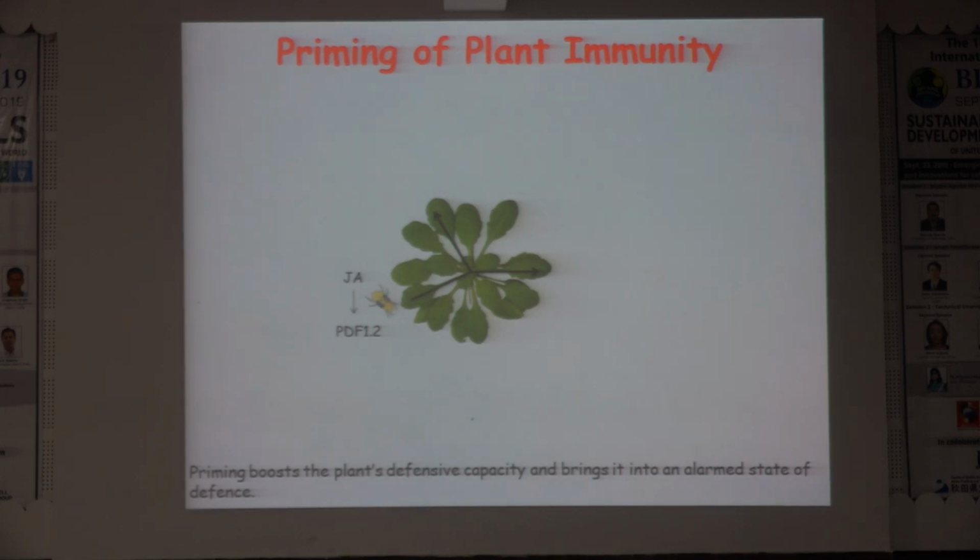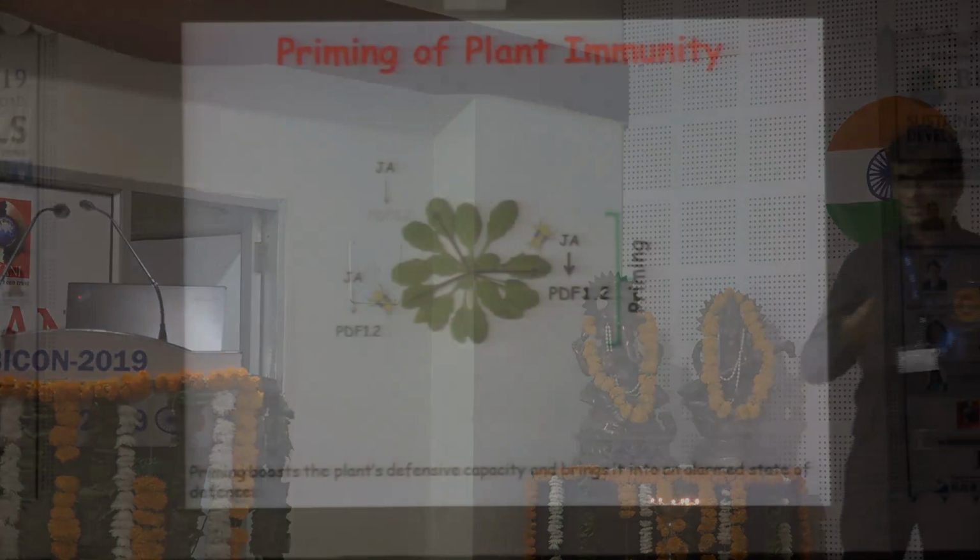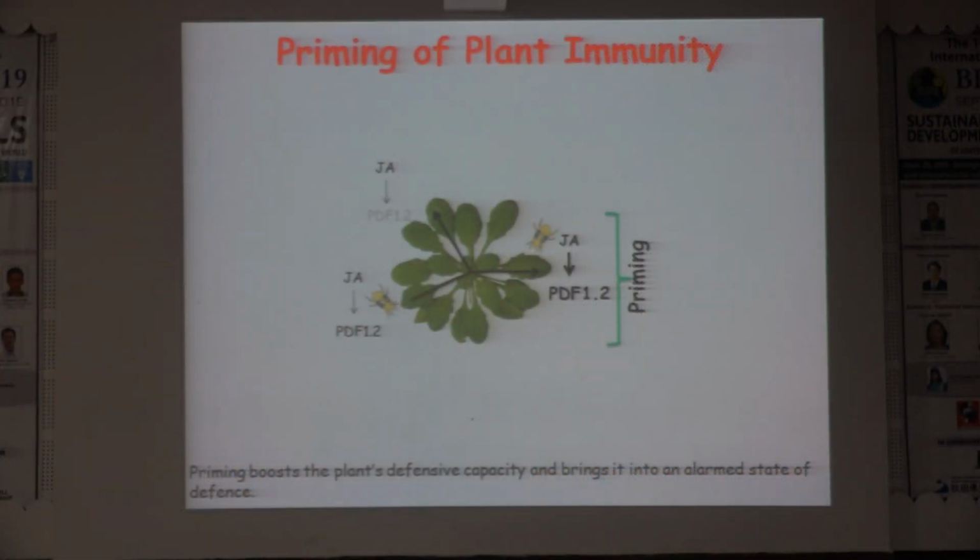This brings it into the alarmed or vigilant state. So here there is a hormone, but there is no defense activation. They could be in the alarm state for a year or a month if there is no harsh condition. However, if they face the challenge again, then there is a super activated defense response, and a clear-cut defense priming.